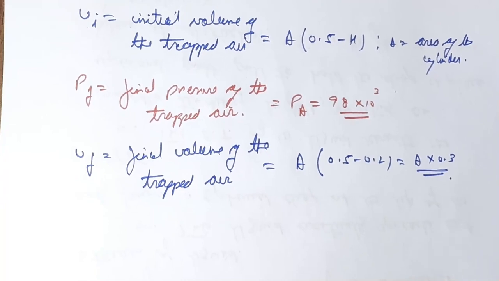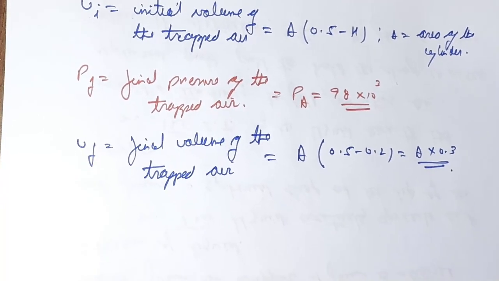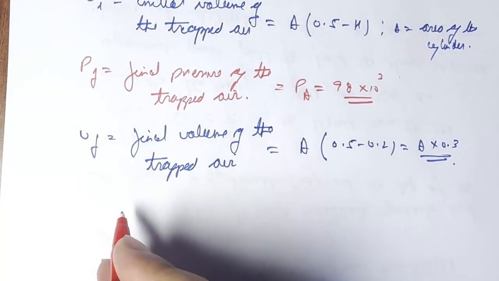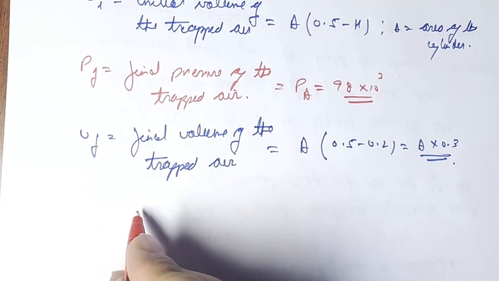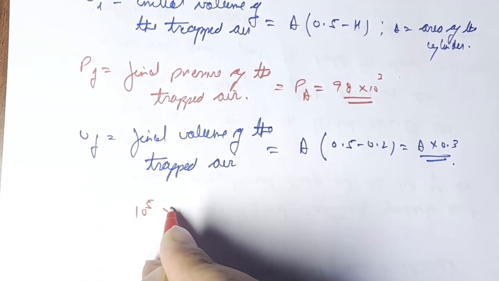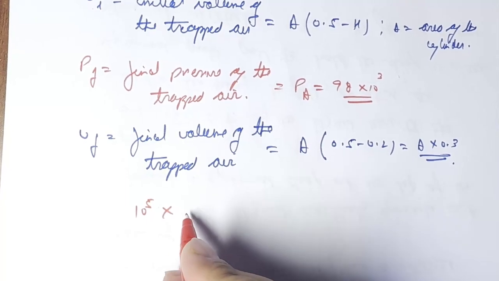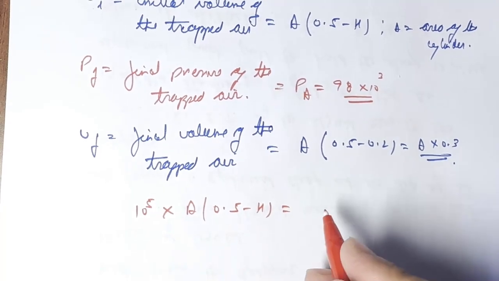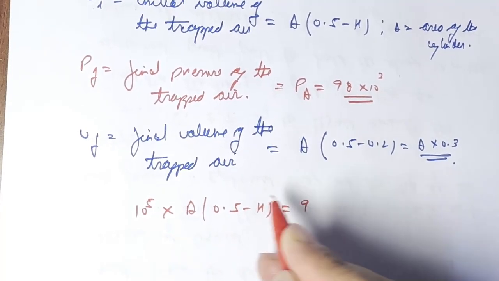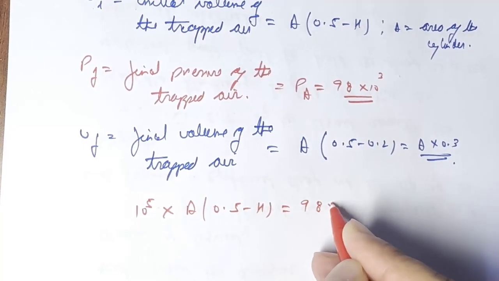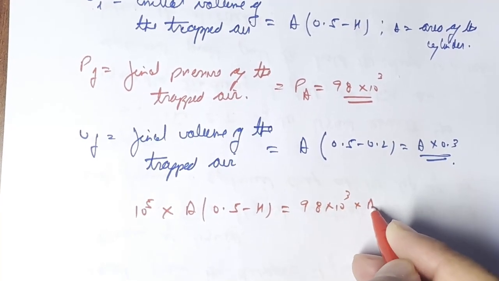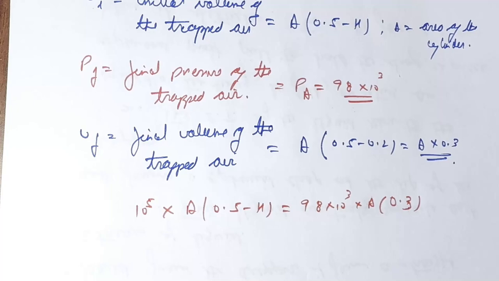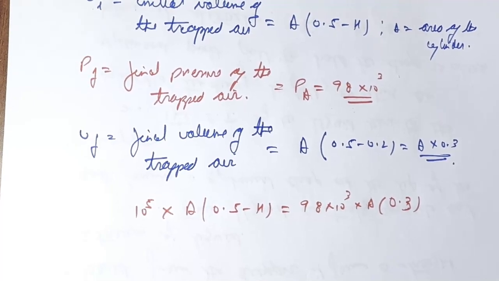So we can now equate it. Pi multiplied by Vi is equal to Pf multiplied by Vf. So Pi was our 10⁵ multiplied by Vi, which is A times 0.5 minus h, is equal to Pf, which is 0.98 × 10⁵, times 0.3.